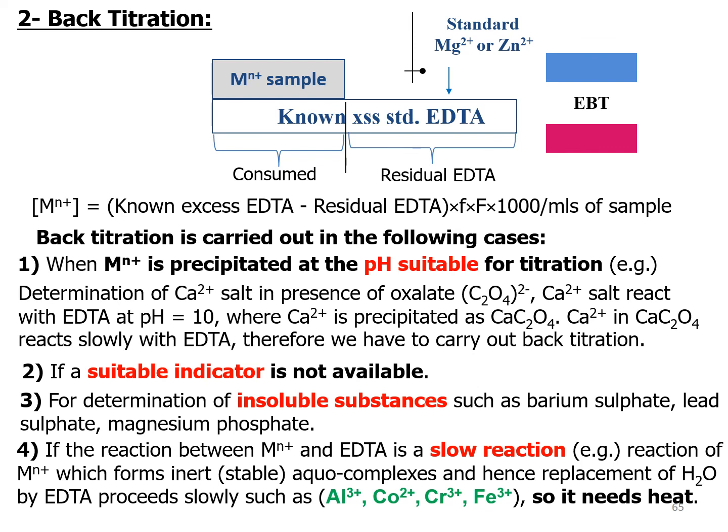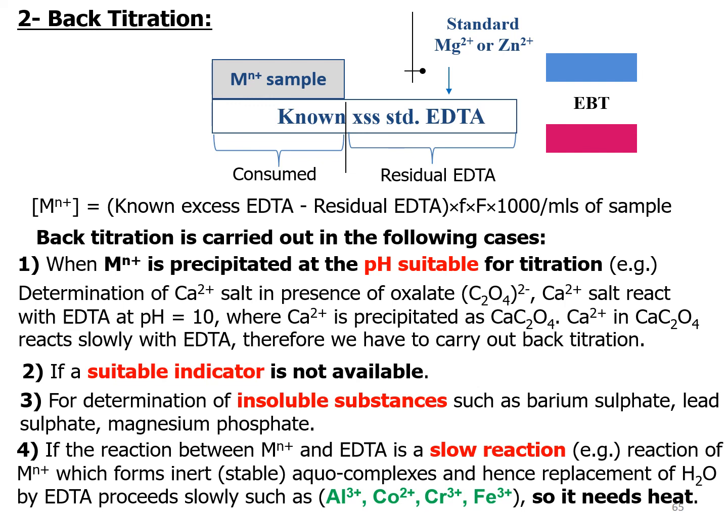If the reaction between the central metal ion and EDTA is a slow reaction, for example, the reaction of a central metal ion which forms inert stable aquo-complexes. If you remember, we have two kinds of aquo-complexes: the labile, where the reaction is fast, and the inert or stable aquo-complexes.